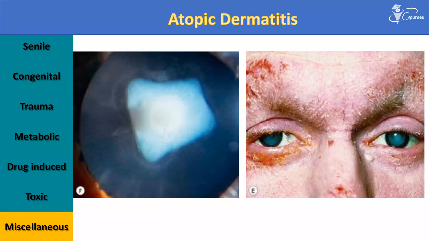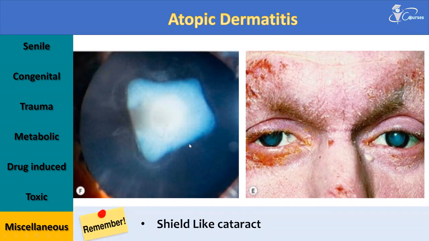Another miscellaneous topic associated with cataract is atopic dermatitis. Atopic dermatitis is a chronic dermatitis characterized by itching with increased level of immunoglobulin E. Cataract formation occurs in around 25% of atopic patients, and this cataract is bilateral, occurs in the second to third decade of life, and takes the form of a shield-like cataract.